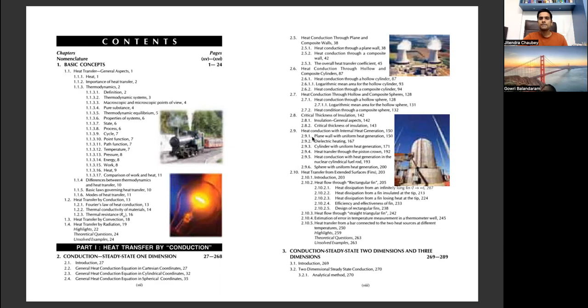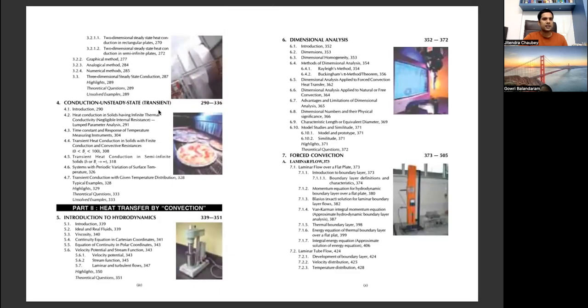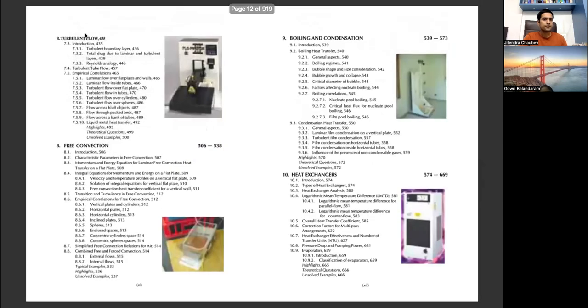Then there is critical thickness of insulation and conduction with heat generation. Then there are 2-dimension and 3-dimension in your syllabus. After that, there is unsteady state, transient state heat transfer. Then there is forced convection, which is the internal flow convection in your syllabus. There is free convection.